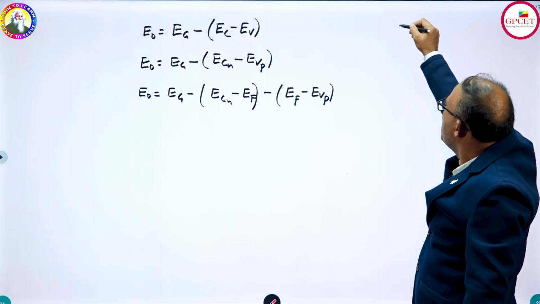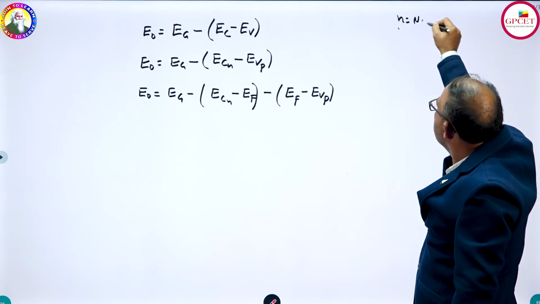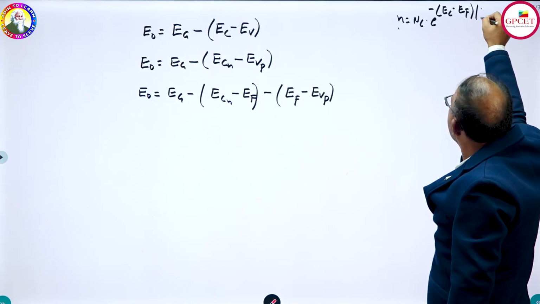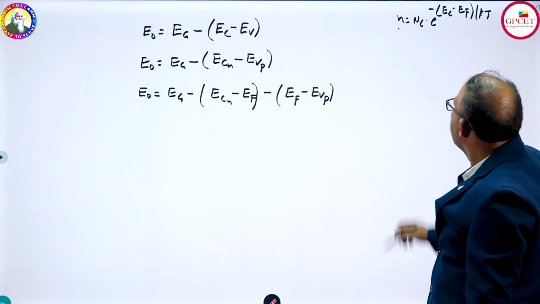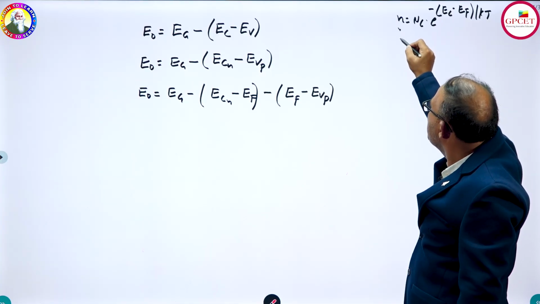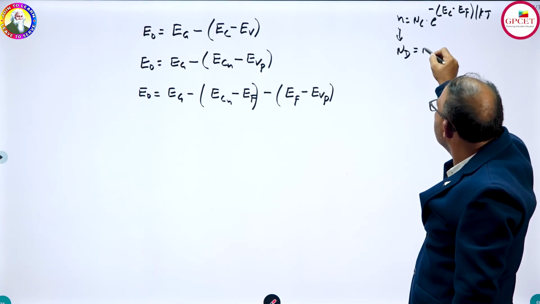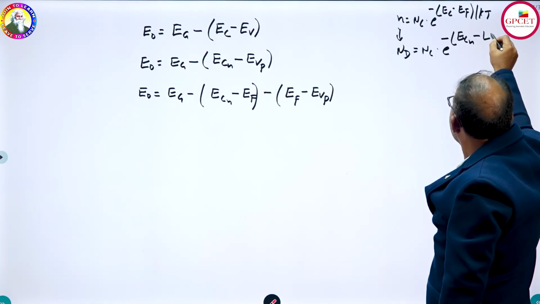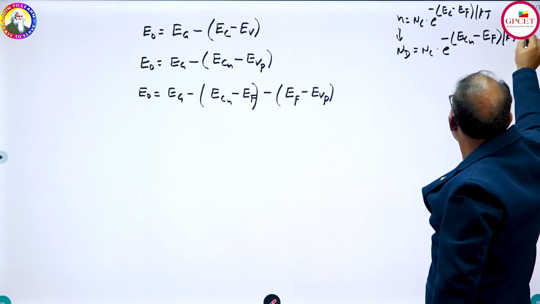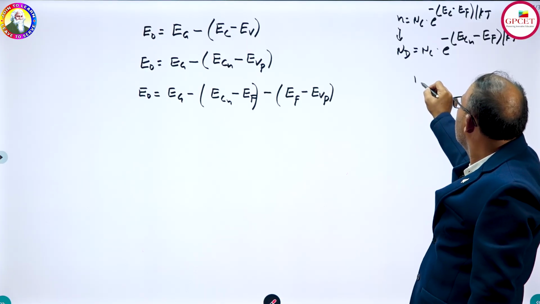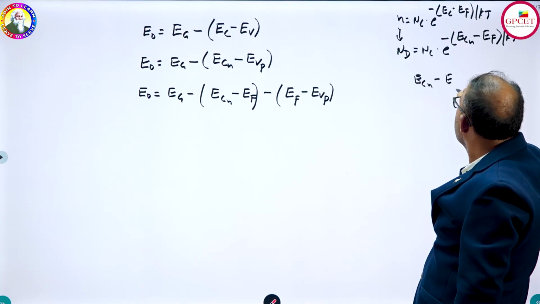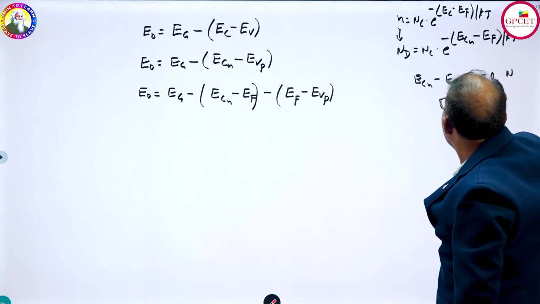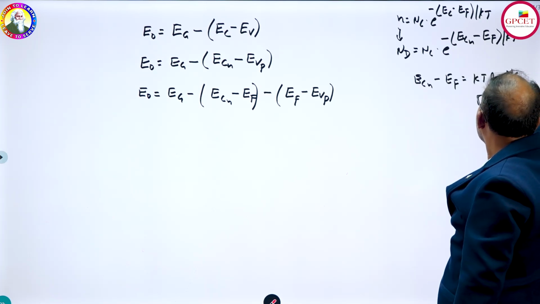As we know, n is equal to Nc e power minus (Ec minus Ef) divided by kT. For an n-type semiconductor, I can write n is equal to Nd, the donor concentration, that is equal to Nc e power minus (Ecn minus Ef) divided by kT. Therefore, from this I get Ecn minus Ef is equal to kT ln (Nc divided by Nd).